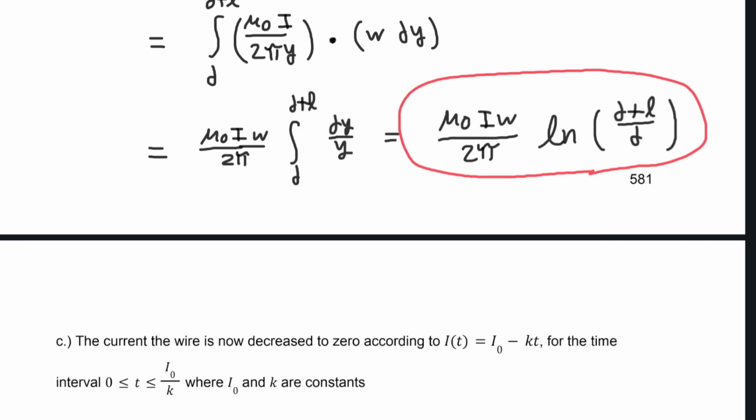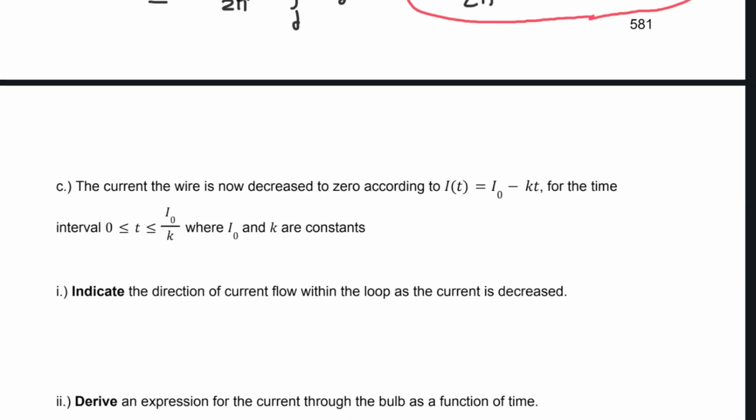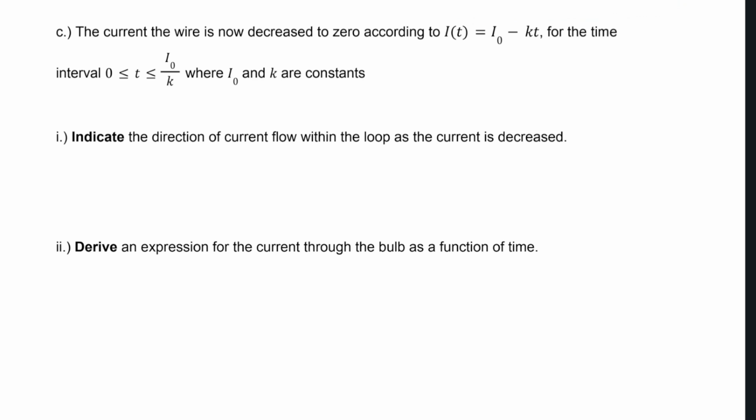So now suppose the current is decreased according to this expression, where I is some maximum value, and then it decreases until it reaches 0. Indicate the direction of current flow within the loop, and derive an expression.